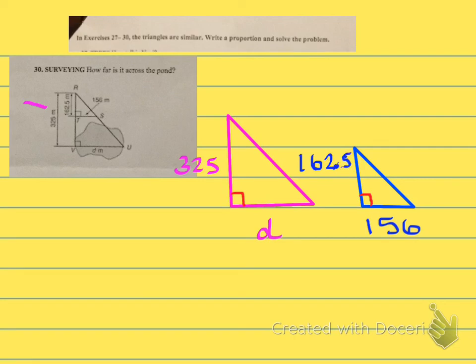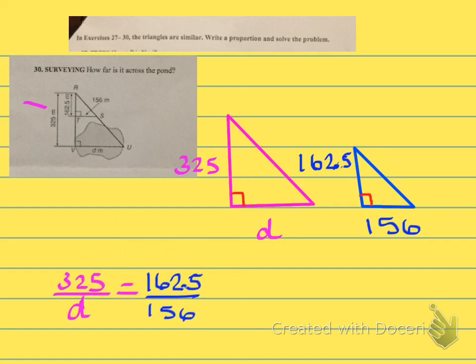All right, and now the most important step is writing the proportions. So I'm going to keep my height, 325, over my base, which is D, equals, and then I'm going to do my height, which is 162.5 over 156. And I'm going to move all this because it's a little close to my triangle.